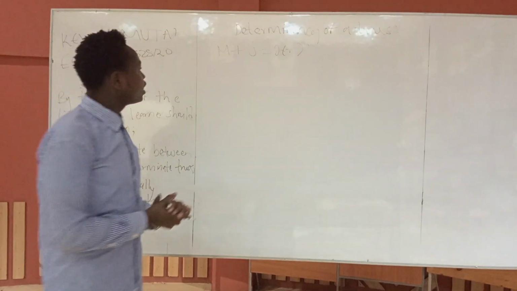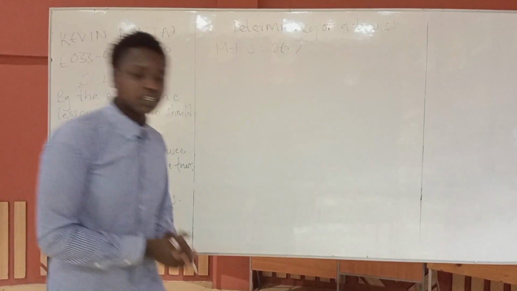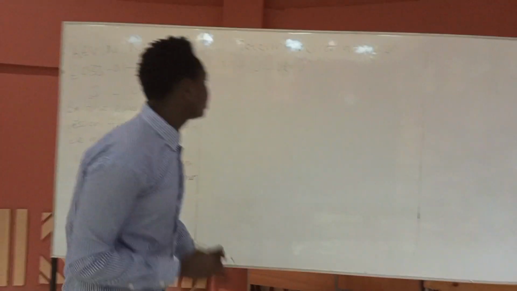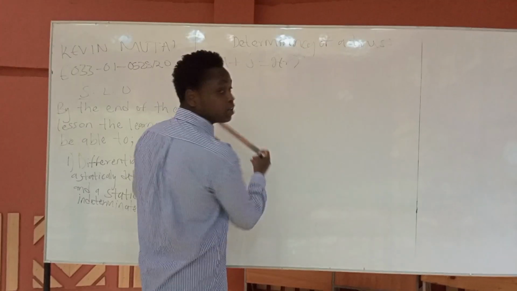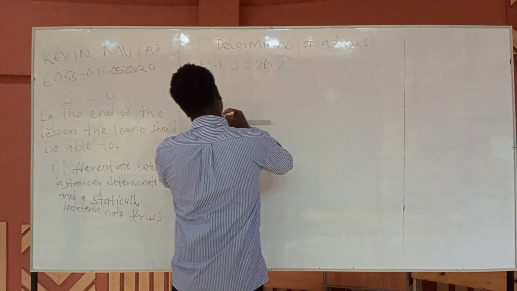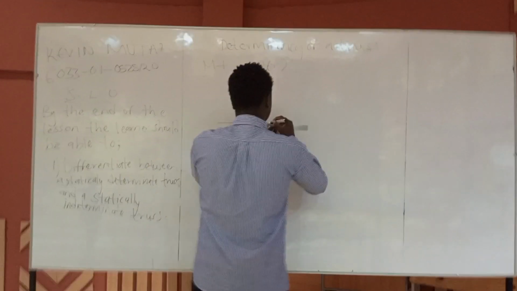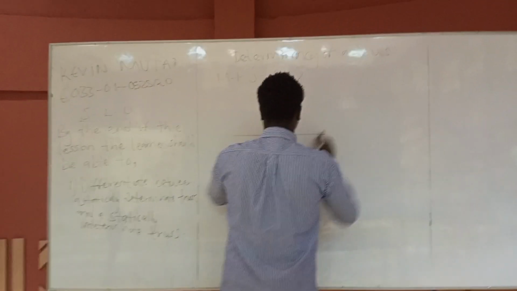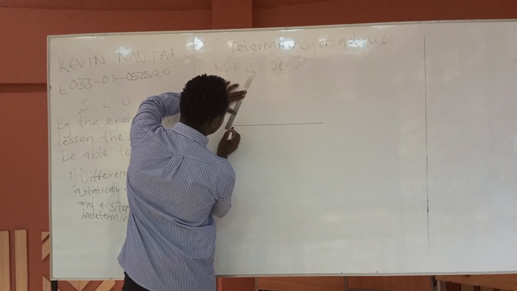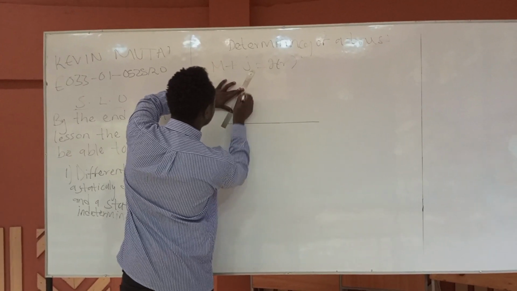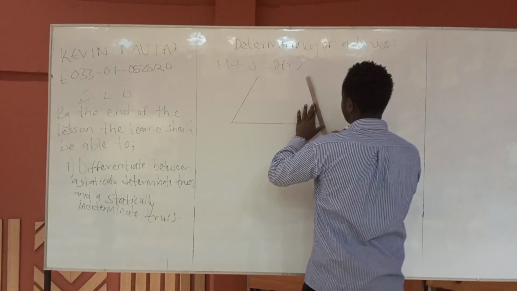So, for you to understand, I need to draw a truss. Let me take a ruler so that I can explain. So our truss looks like this.